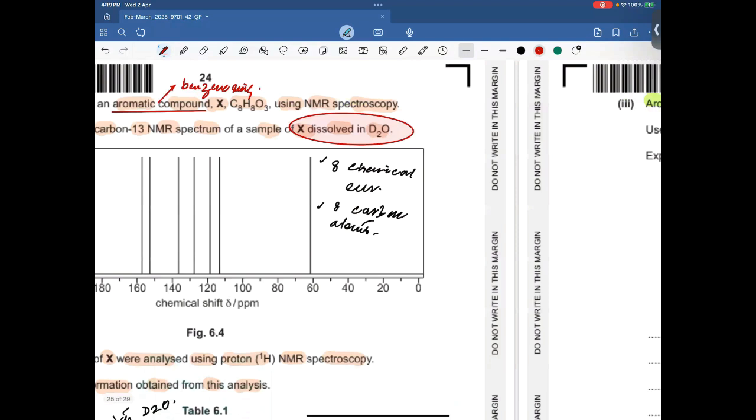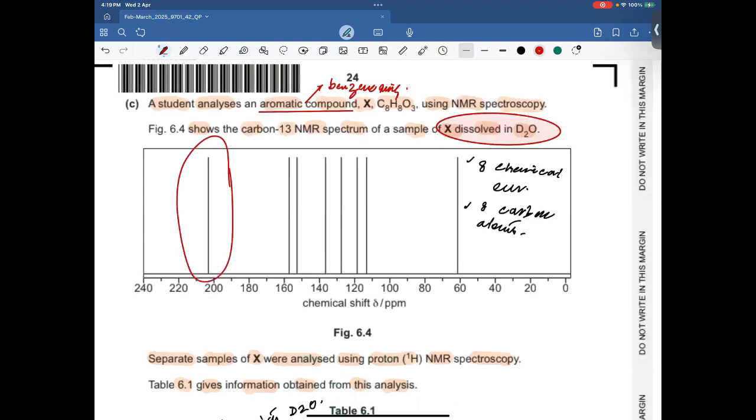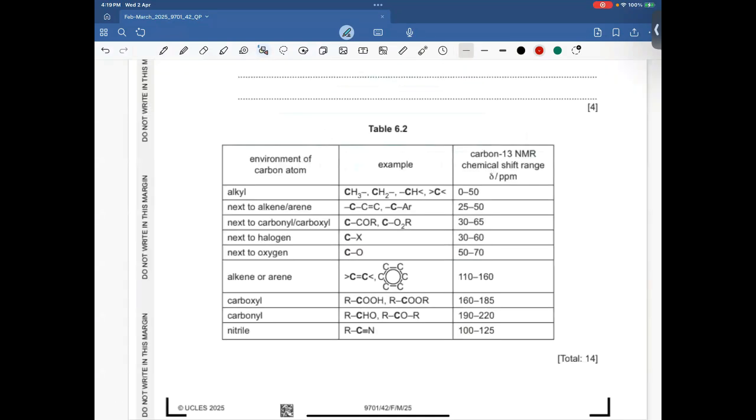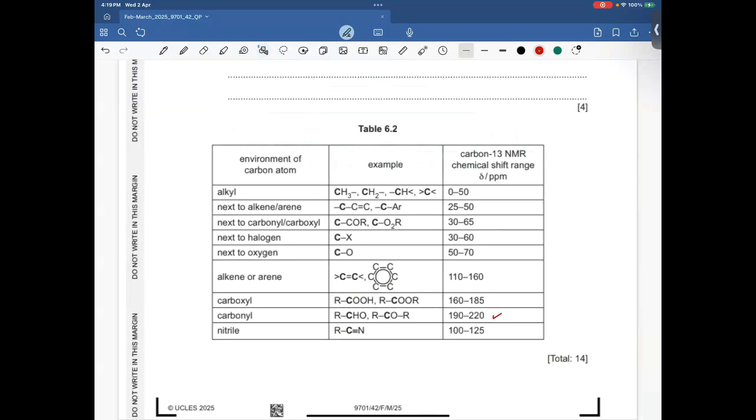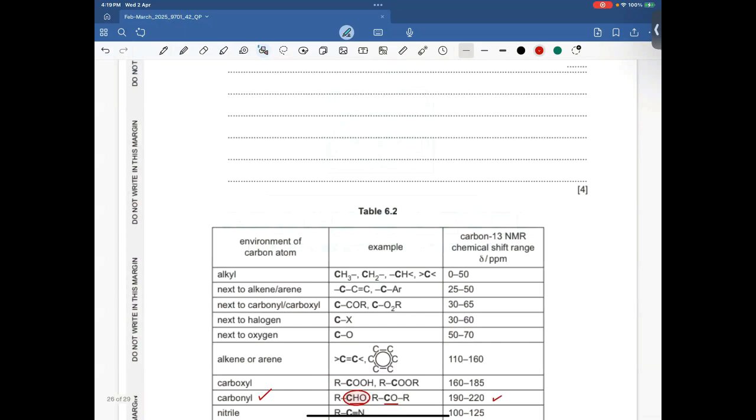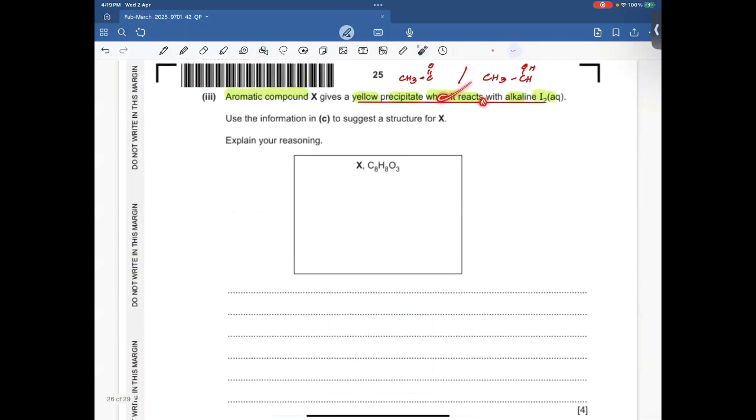Look at this NMR spectrum. This peak appears at somewhere around 220 ppm, right? So at 220 ppm, we have a carbonyl peak. The carbonyl could be ketone or aldehyde. If it is aldehyde, obviously it's not going to show the iodoform test. So this confirms that it must be ketone.